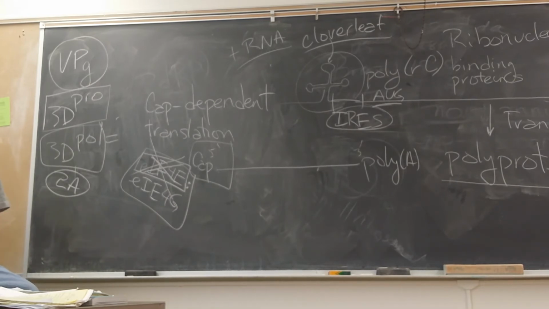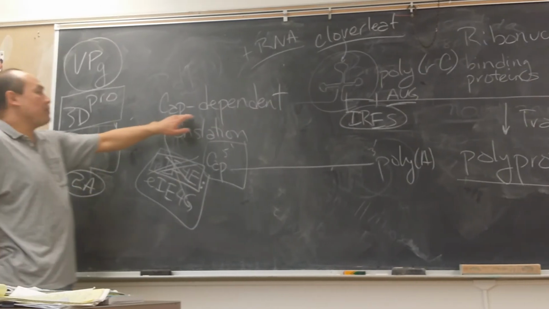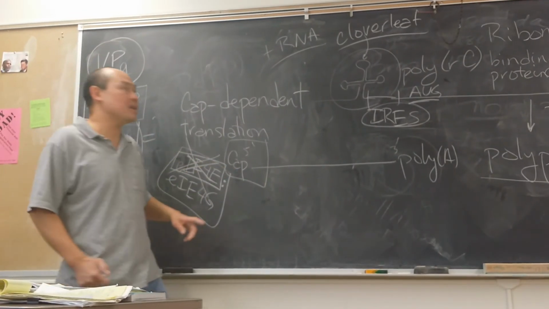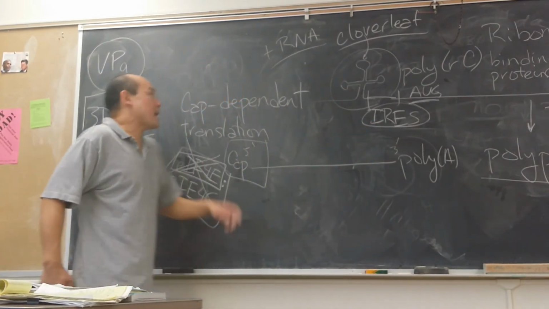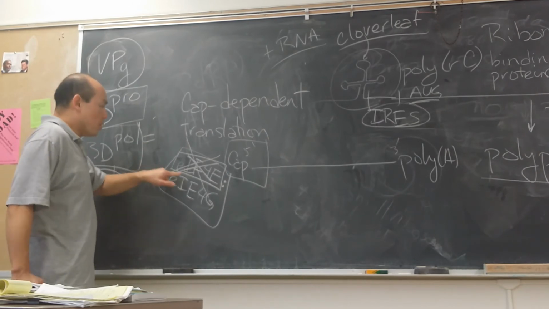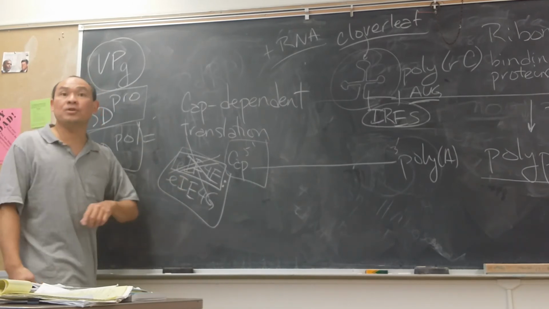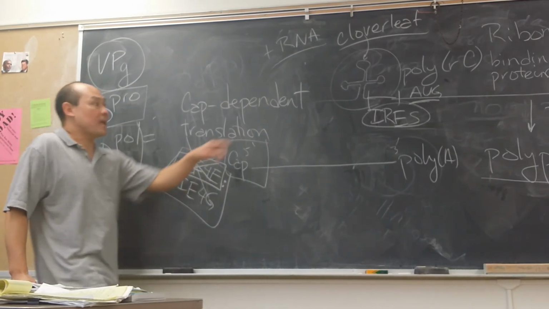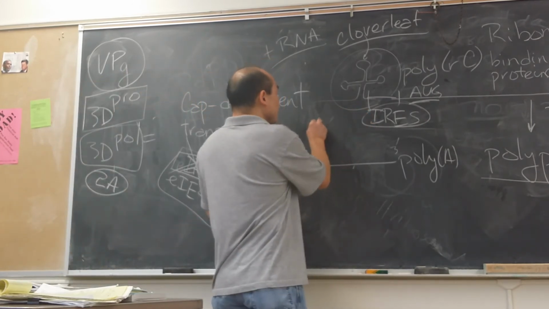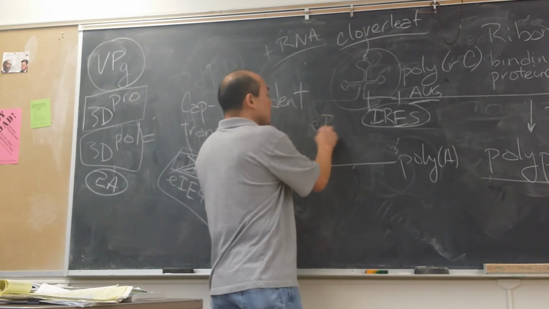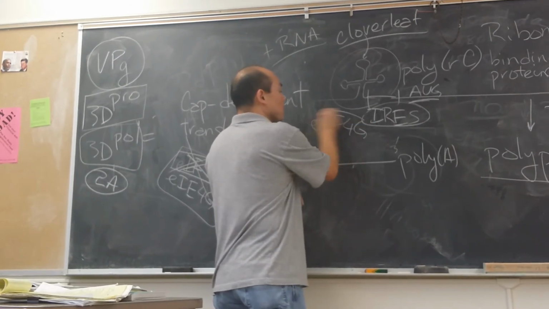So can you describe the difference between cap-dependent and cap-independent translation again? Cap-dependent requires a cap. Cap-independent requires an IRES and not a cap. For cap-dependent translation, both EIF4E and EIF4G are required. For cap-independent translation, the punchline is only EIF4G is required.